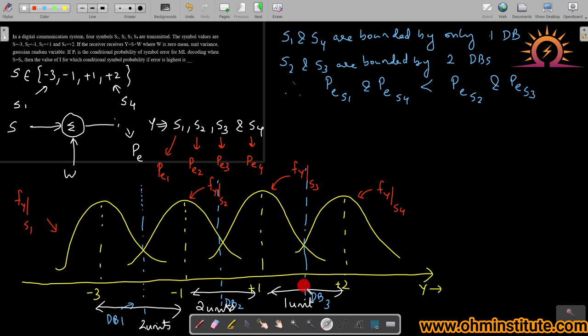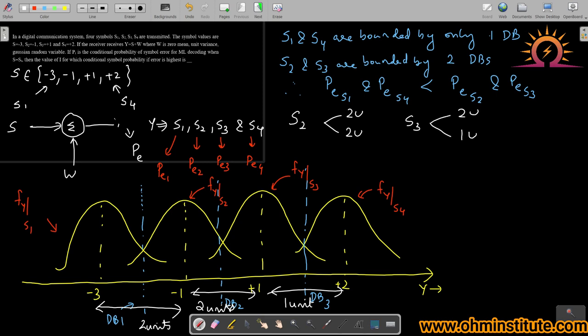However, for S3, it is 2 units and 1 unit. So I'll just map it. For S2, the distances between adjacent symbols are 2 units and 2 units, and for S3 it is 2 units and 1 unit.